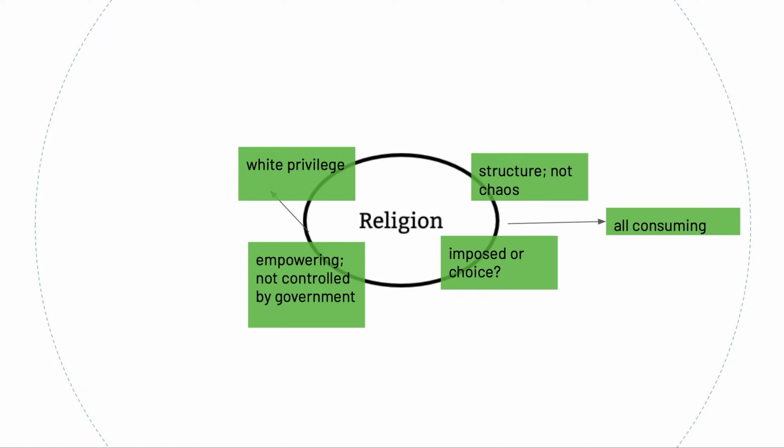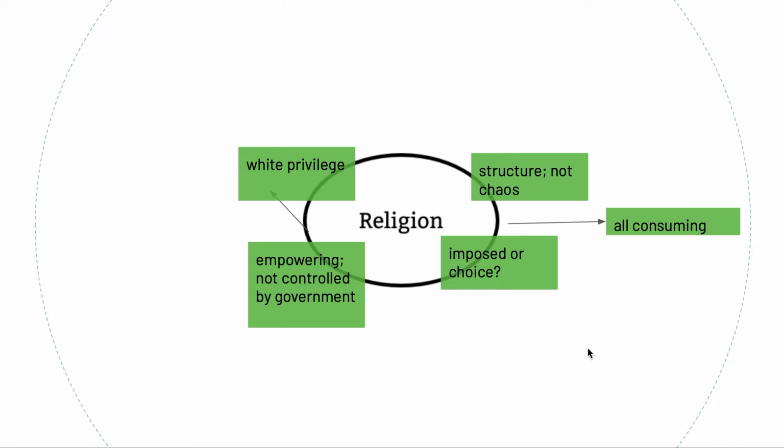When you think of religion: the idea of white privilege, empowering, not controlled by the government, imposed or choice, structure not chaos, all-consuming. All of these ideas can branch off from the symbol of religion. Imposed or choice: is Trevor really choosing to be a Christian, or is it forced upon him by his mom, who is really religious?